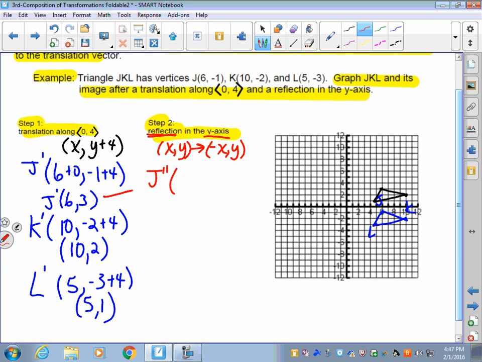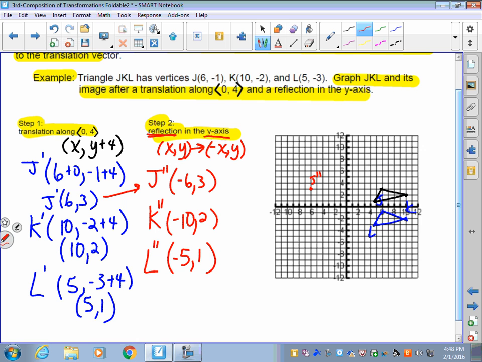It's going to be negative 6, 3 because the x coordinates are going to change for all of our image points. So K double prime is negative 10, 2 and L, and it should be double prime, sorry about that, negative 5, 1. And then we're going to graph these points.